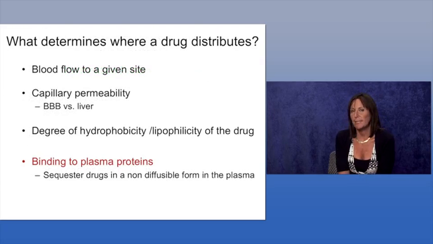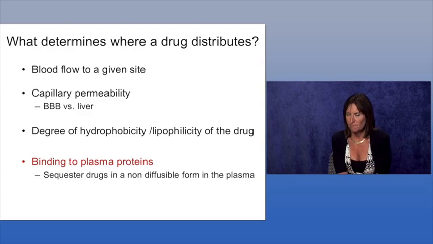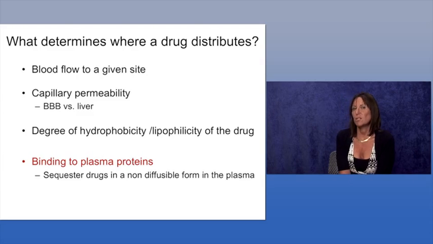Let's move on now and talk a little bit about plasma proteins. Plasma proteins include albumin and a whole range of globulins. They have many functions, but one of their functions is to carry drugs and other molecules around the body. Typically, when drugs are attached to plasma proteins, they are considered sequestered. And when drugs are sequestered or bound to plasma proteins, they exist in a non-diffusible form.